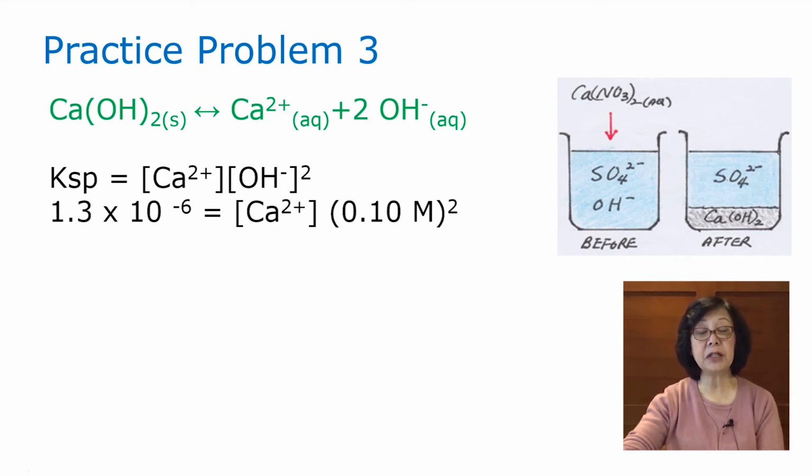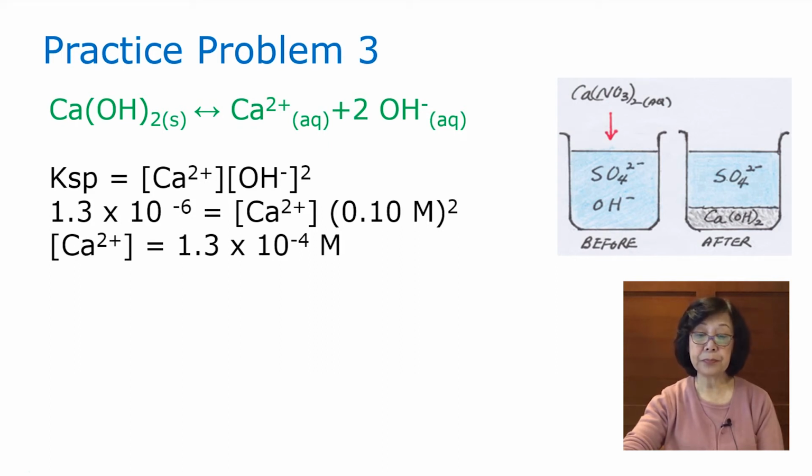Now, using the KSP value of calcium hydroxide, we want to calculate the concentration of calcium ion required to make precipitation, and we use 0.1 molar of the hydroxide ion already present in the beaker. So the calcium ion concentration is calculated as 1.3 times 10 to the minus 4 molar required to make calcium hydroxide precipitate.